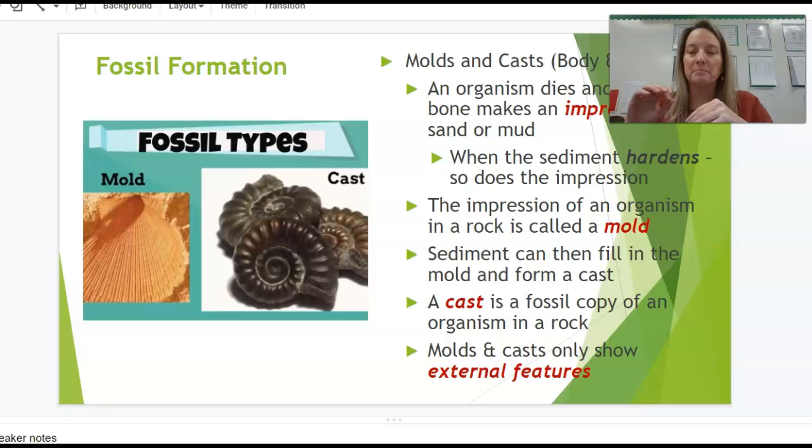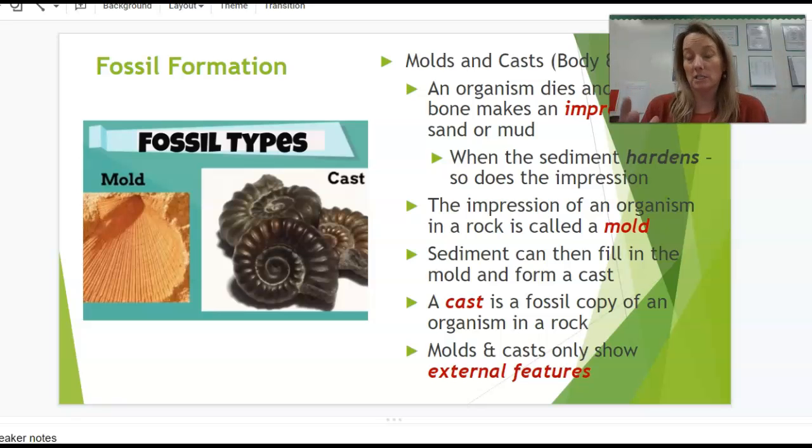Okay, a cast is when, let's say a shell, like a snail shell, is there in the mud and it gets covered up on top, okay? And eventually, it's surrounded by mud, okay?